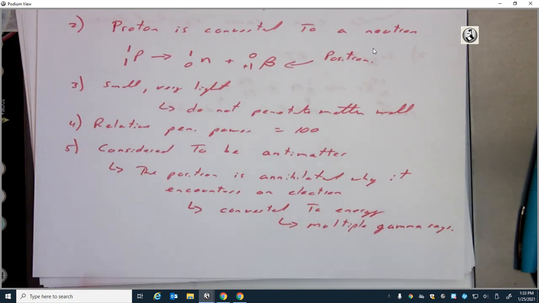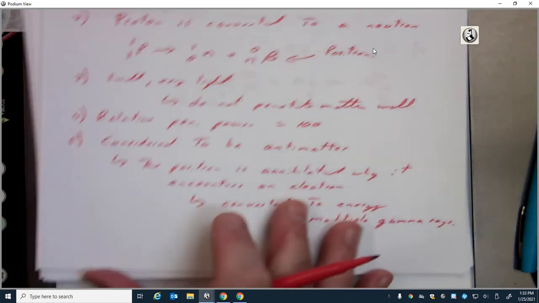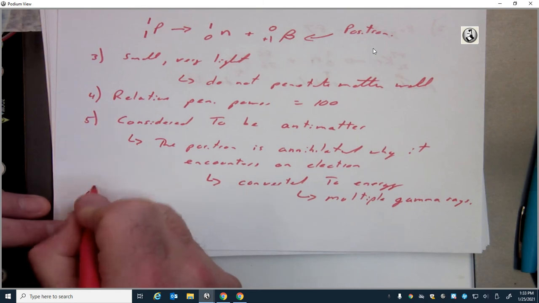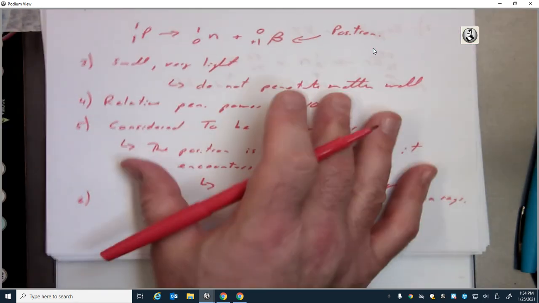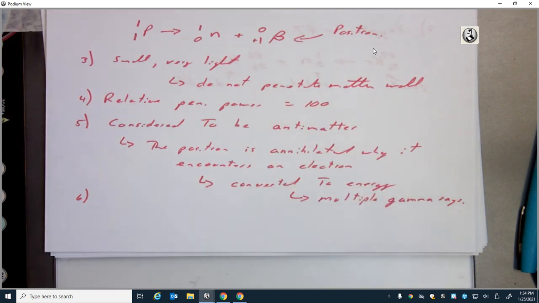It produces multiple gamma rays. It happens instantaneously. Right? So carbon-11 is an example of a substance that goes through positron emission.